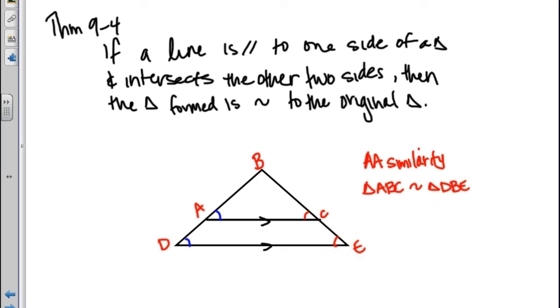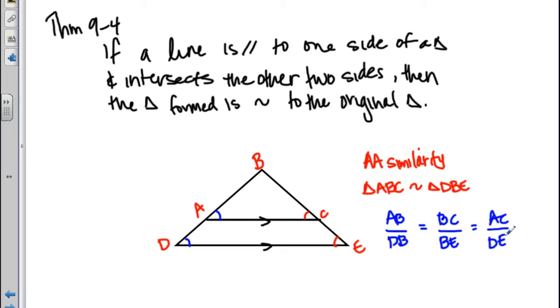So what does that tell me from here? Well, it tells me that my sides are proportional. So AB over DB is equal to BC over BE is equal to AC over DE, which means if they give me three things and I'm missing a fourth, I can pair these two together and solve, these two together and solve, or the first and the last together and solve, because they all should equal the same ratio.